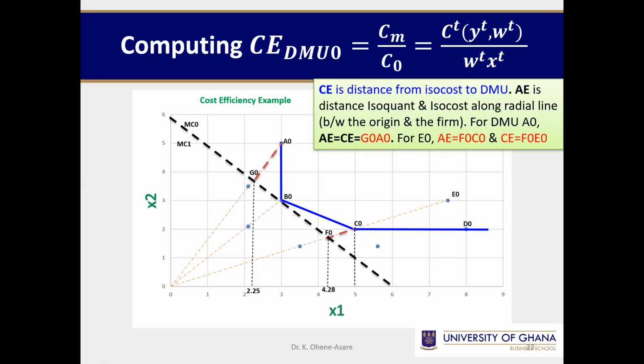Now, how do you calculate the allocative efficiency? The allocative efficiency is the distance between the isoquant and the isocost along the radial line.